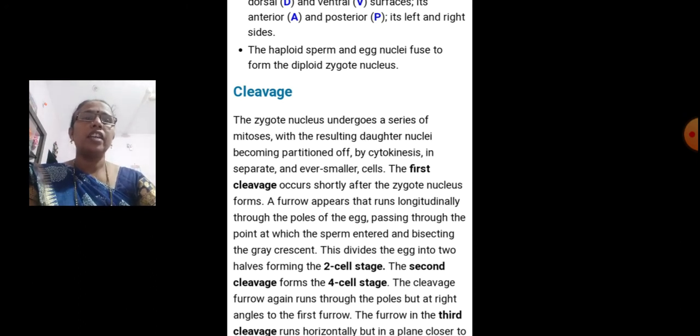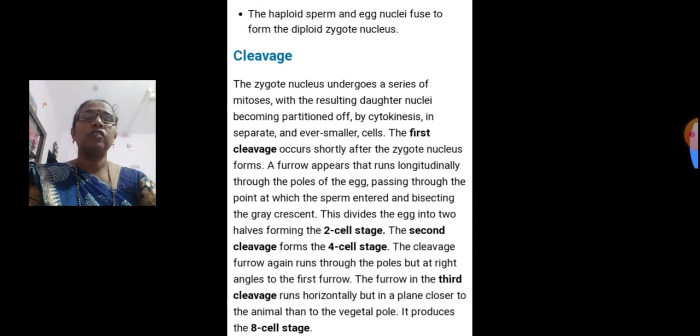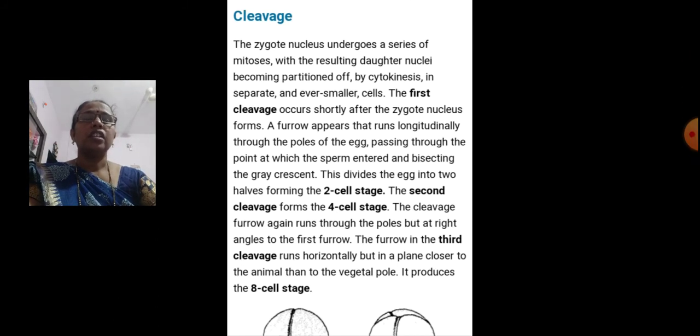This divides the egg into two equal halves, forming the two-cell stage. The second cleavage forms the four-cell stage. The cleavage furrow again runs through the poles, but at right angles to the first furrow. The furrow in the third cleavage runs horizontally, but in a plane closer to the animal than to the vegetal pole. It produces the 8-cell stage.